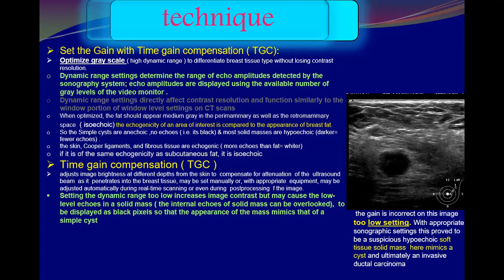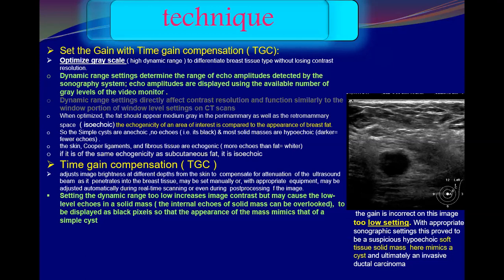And if it is brighter, like Cooper ligaments and fibrous tissue, it has more echoes than the fat. So we have to adjust this dynamic range to have the fat at the medium gray.